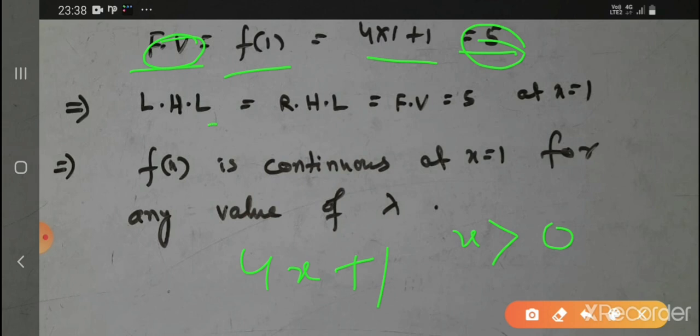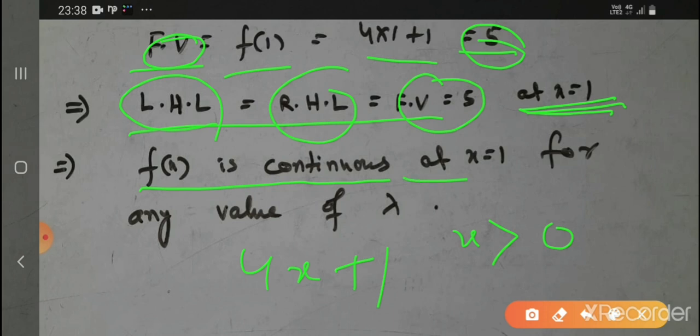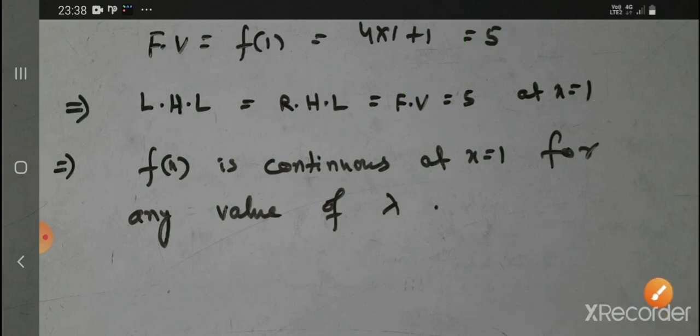So left hand limit is 5, right hand limit also 5, function value also 5 at x equal to 1. So all these three are equal at x equal to 1. Therefore, the function f of x is continuous at x equal to 1 for any value of lambda, that is, independent of lambda.